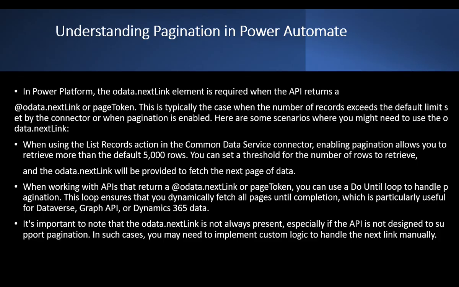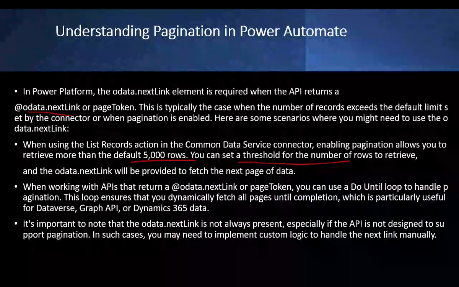In detail, the OData next link element is required when the API returns this attribute. And when using the list records action in the Dataverse connector, enabling pagination allows you to retrieve more than the default 5000 rows. You can also set a threshold for the number of rows to retrieve.